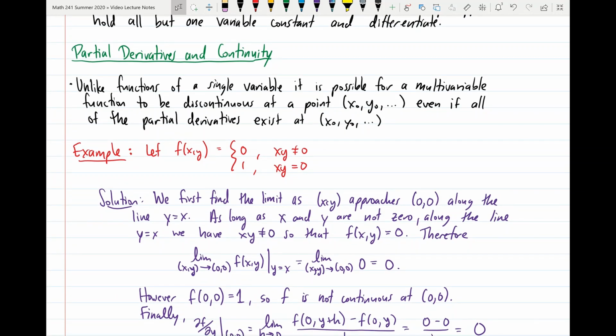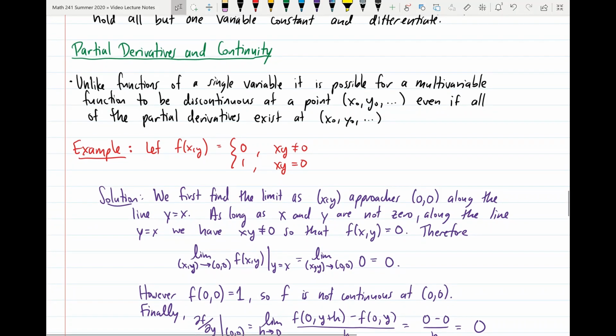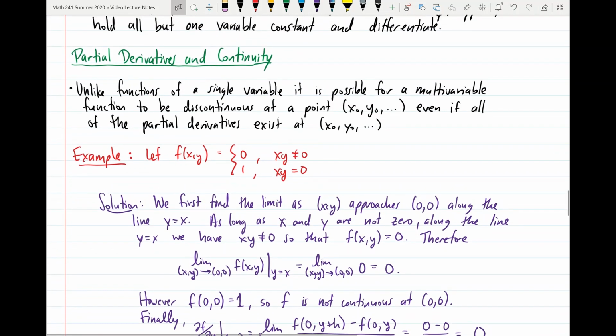So unlike functions of a single variable, it is possible for a multivariable function to be discontinuous at a point, even if all of the partial derivatives exist at that point. So remember from Calculus 1 that a function could only be differentiable if it was continuous. But it is not the case that a function has to be continuous for the partial derivatives to exist.